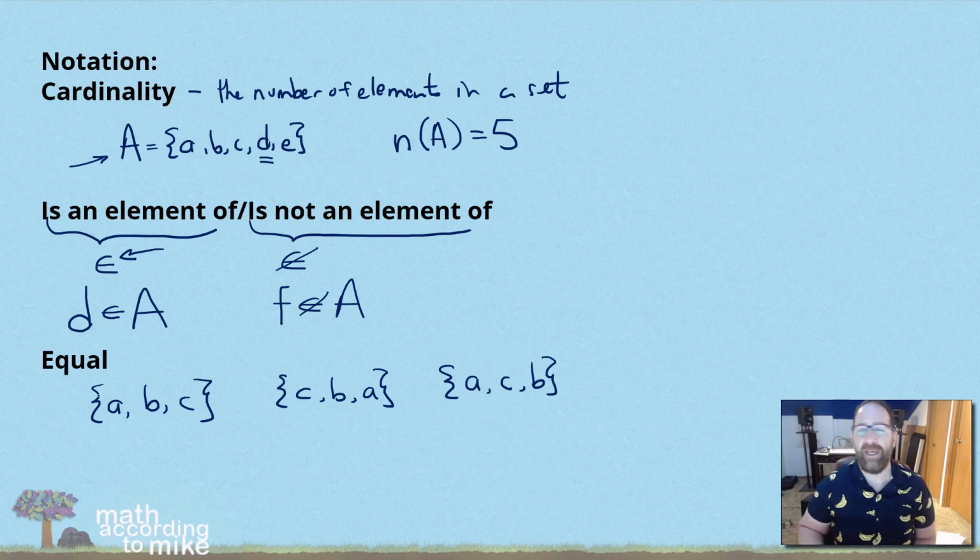So if everything in one set is the same exact stuff in another set, and you can say that in both directions, we say that the two sets are equal. And the symbol we use is just the equal sign. We don't have anything fancy here for equal. But the big takeaway again is you can write the elements in any order you want.